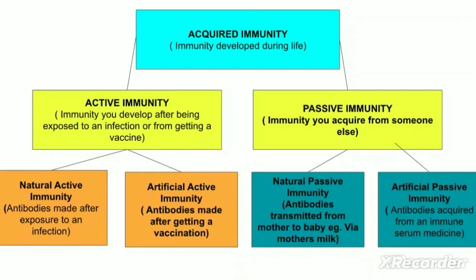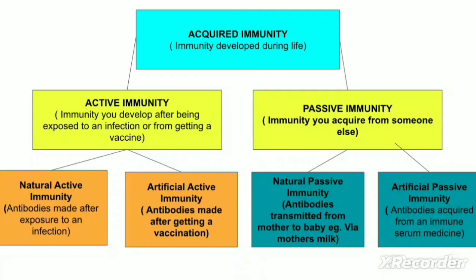When organism's own cell produces antibodies, when they come in contact with antigen or vaccine. Active immunity takes time for formation of antibodies. Active immunity is long lasting and harmless. Example: person suffering from smallpox develops active immunity.